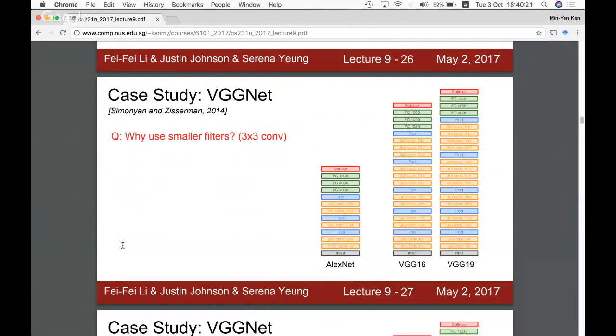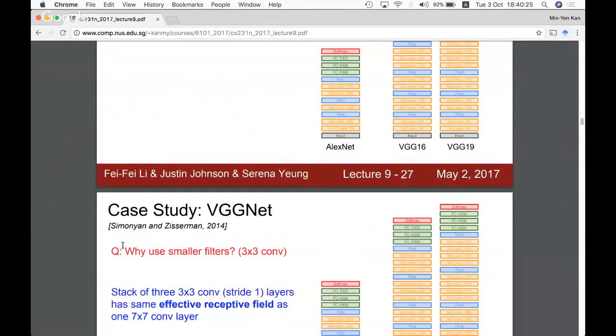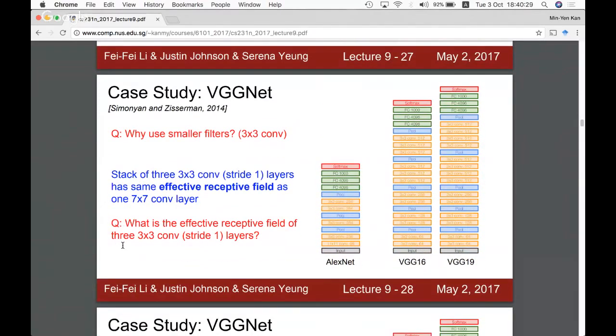So the question is, why do you use smaller 3x3 filters? Effectively, using 3x3 conv filters gives the same receptive field as a 7x7 conv filter in the previous ZFNet.